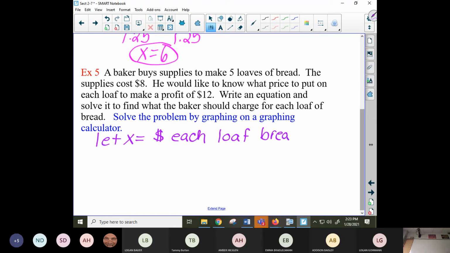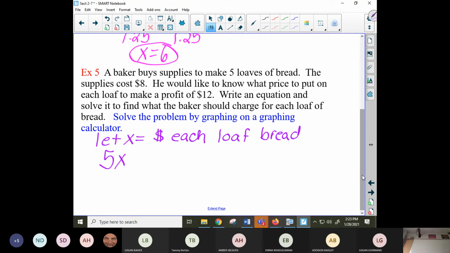So what he's gonna charge for one loaf, okay? Now, he is going to make 5 loaves of bread, okay? So it's gonna be 5 times what he's gonna charge, okay? That's how much money he is taking in for the loaves of bread.